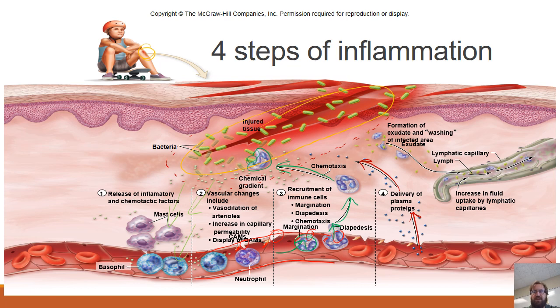However, some of them will, and so the other thing that's delivered out here at this time is fluid called exudate. Okay, exudate is extra tissue fluid, or extra plasma that becomes extra tissue fluid, that mixes with all of these little bacteria that shouldn't be there and washes all of that out into the lymph, where it can go to the lymph nodes and be taken care of by all the macrophages and immune cells there.